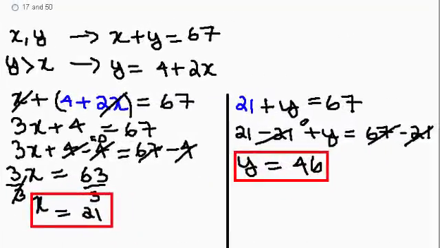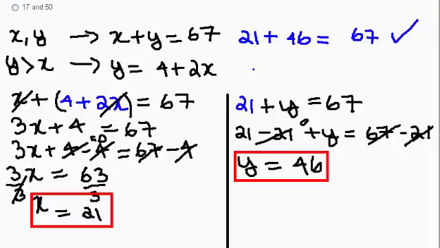If this were to be a test, I would go one step further and actually test those values by plugging what we found to be our x value and our y value into our original equations. And that's what I'm going to do here. So if we start off with the first equation, and instead of x, we write 21 plus, instead of y, we now write 46, we find that this is in fact equal to 67. So our first equation proves to be correct. Let's go on to our second equation here.